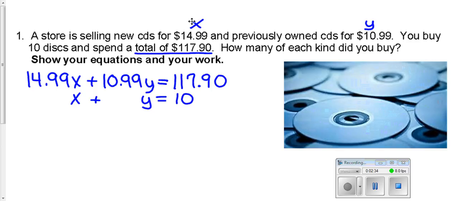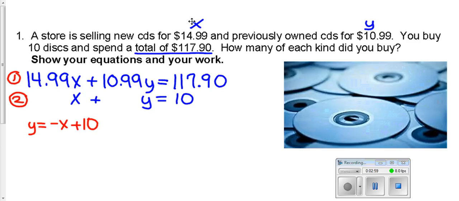So I'm going to take my second equation and solve for y. It doesn't matter which one you solve for. You can solve for either x or y. I'm going to take equation number 2 and solve for y, and when I do that, I get y equals negative x plus 10.